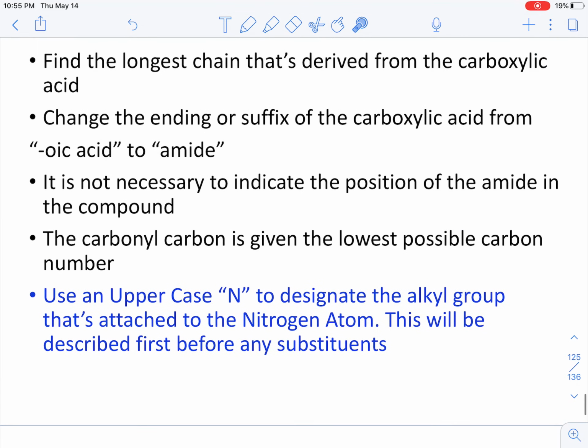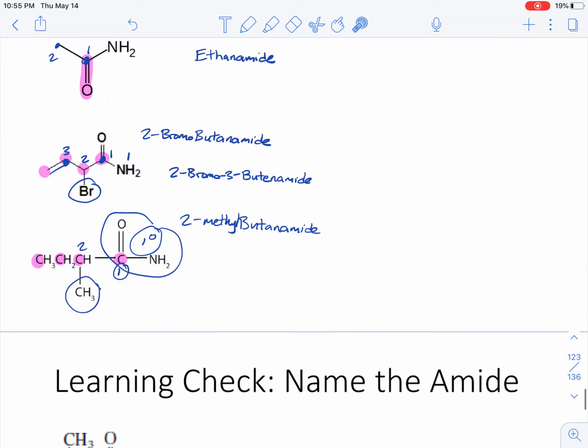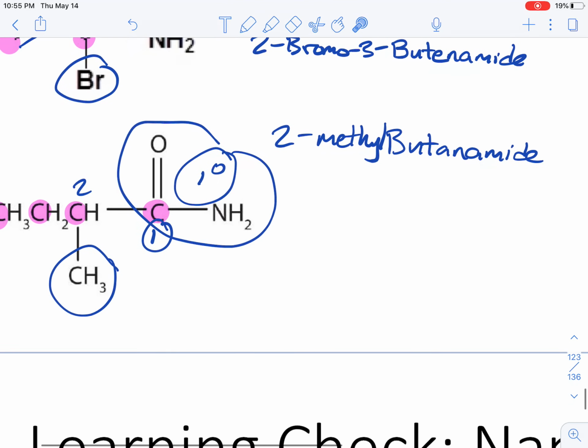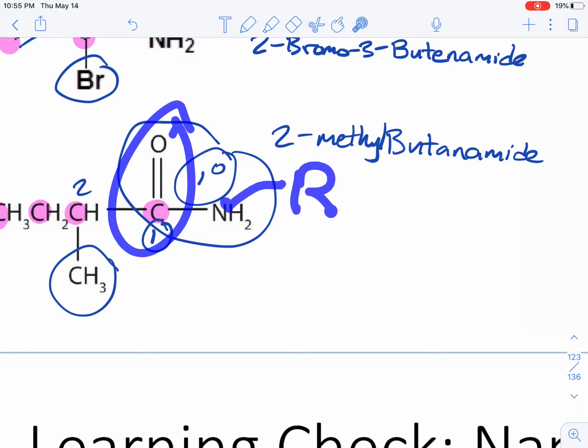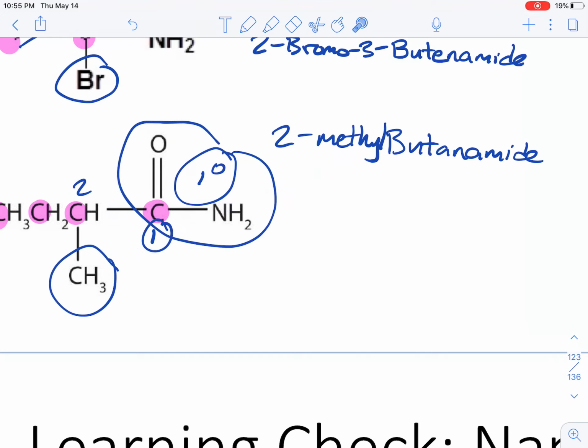And so if basically we get something that looks like this with an R group. Yeah, for secondary amides, you guys don't need to put the number.